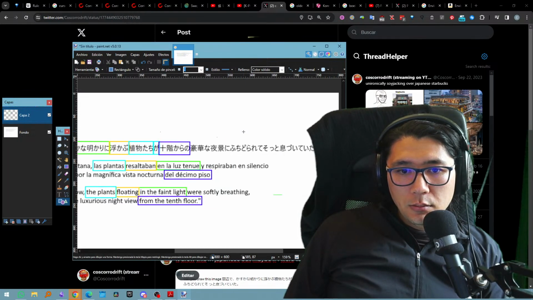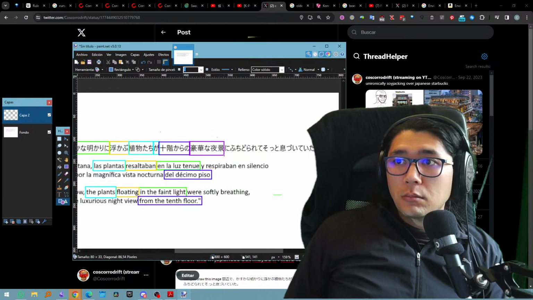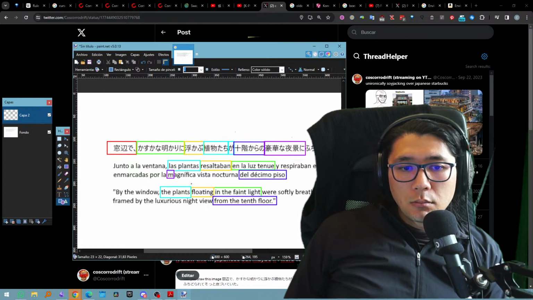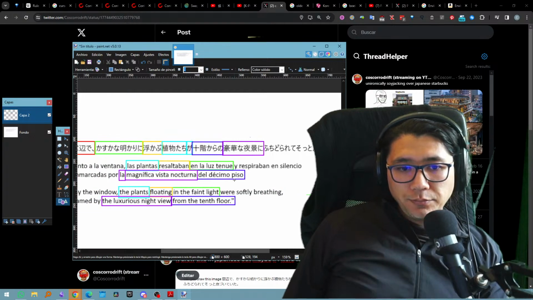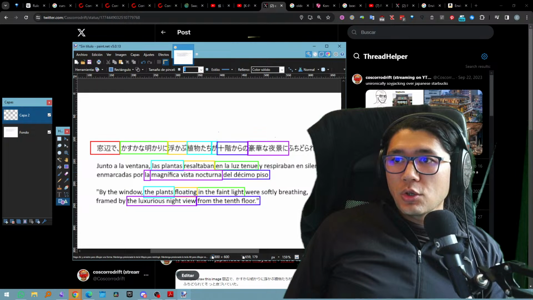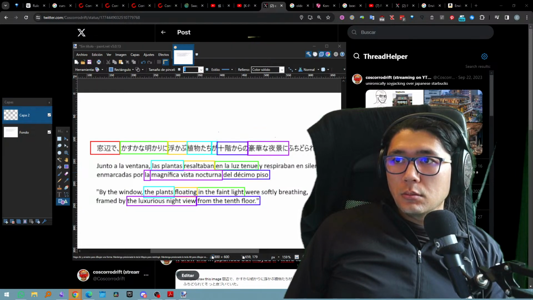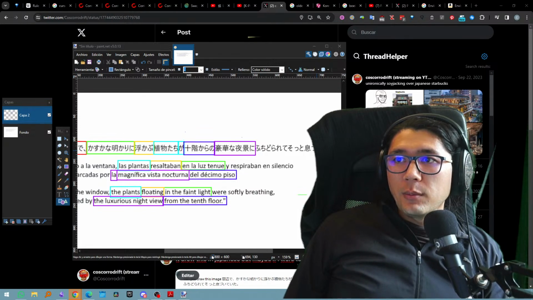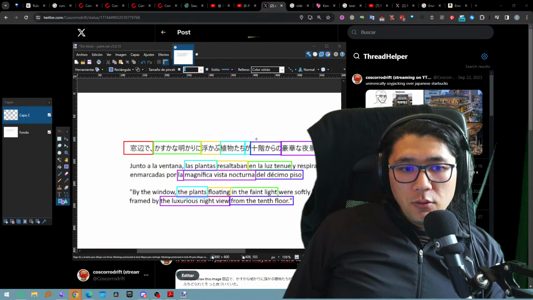Let's see. And softly, そっと息づいていた. What does this nibuchi mean, framed, I guess. に縁取られ, Fuchirarete.